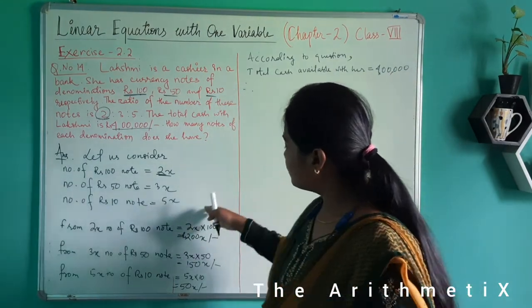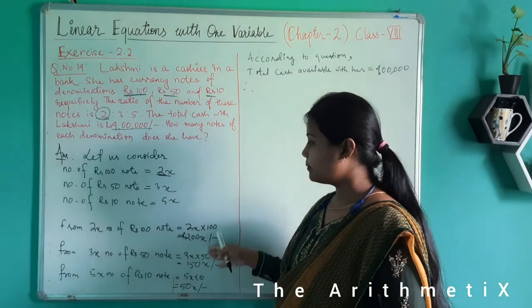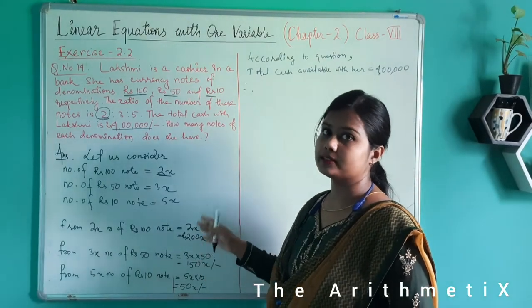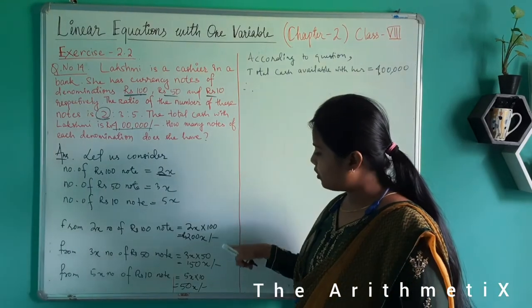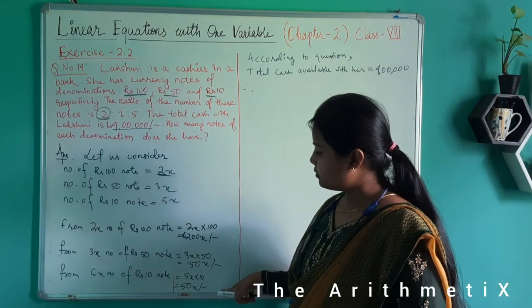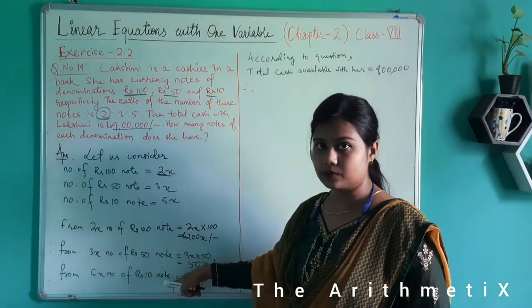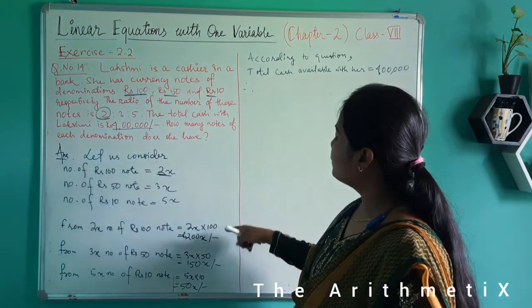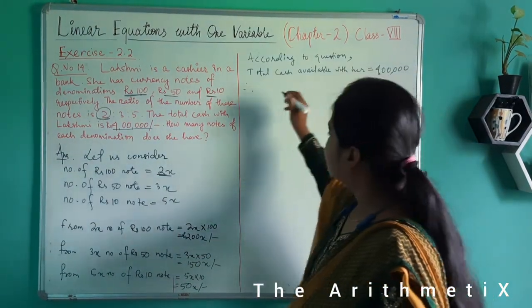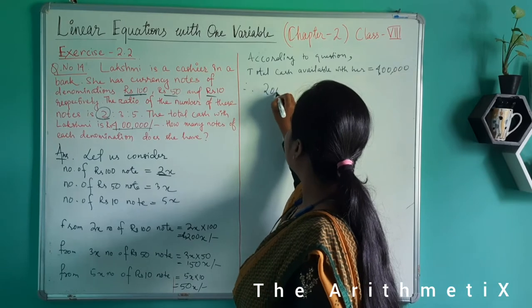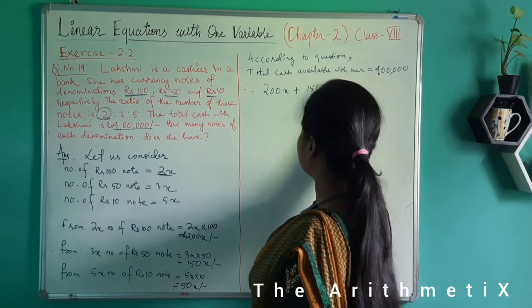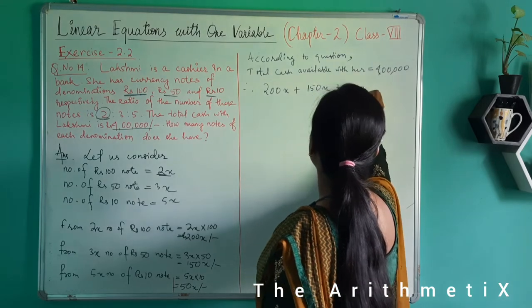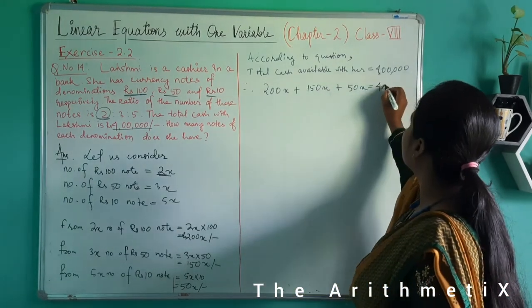Therefore, all the notes in total make the sum that amounts 4 lakh rupees. Means if we add all the amounts made from the three types of denomination, will add up to this one. So 200x plus 150x plus 50x equals to 4 lakh.